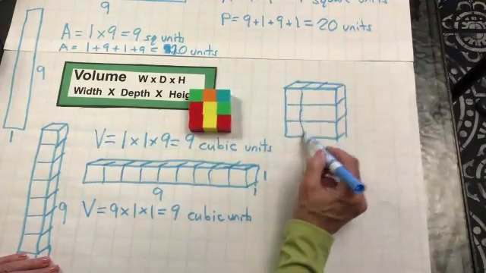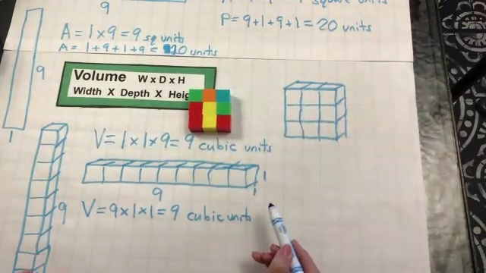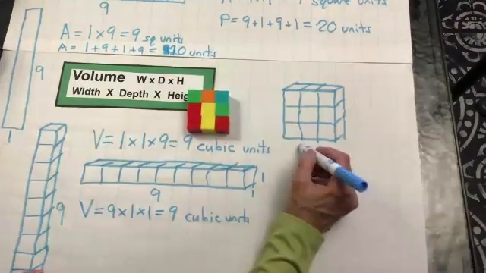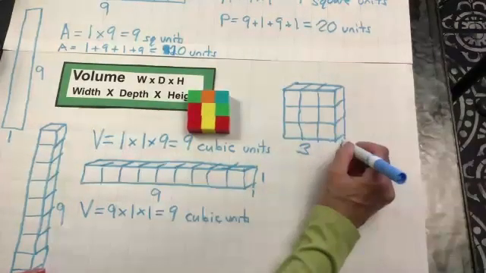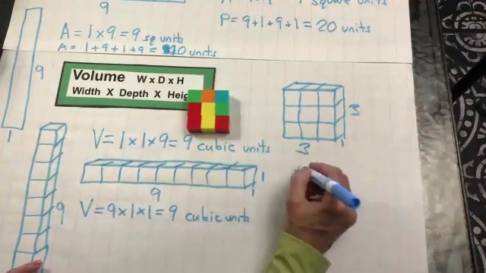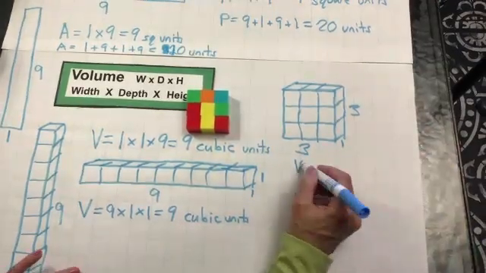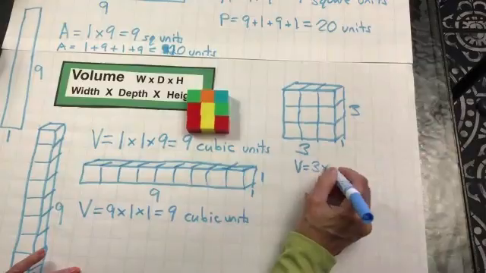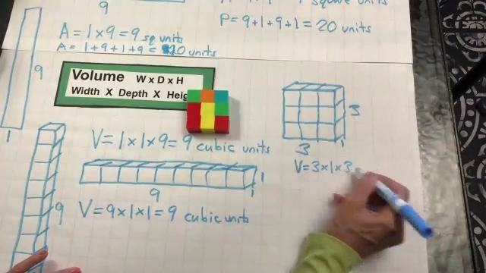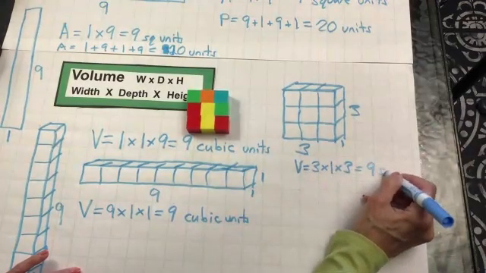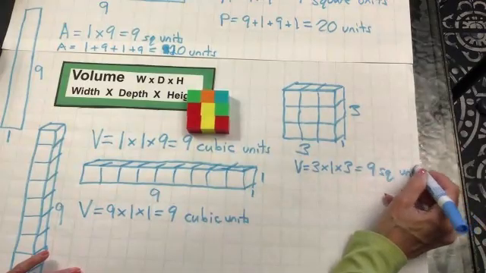Take your time, just do the best you can. It doesn't have to be perfect. All right, so this would be a 3 by 1 by 3. So the volume of this, if we were to write volume equals 3 times 1 times 3 equals 9 cubic units.